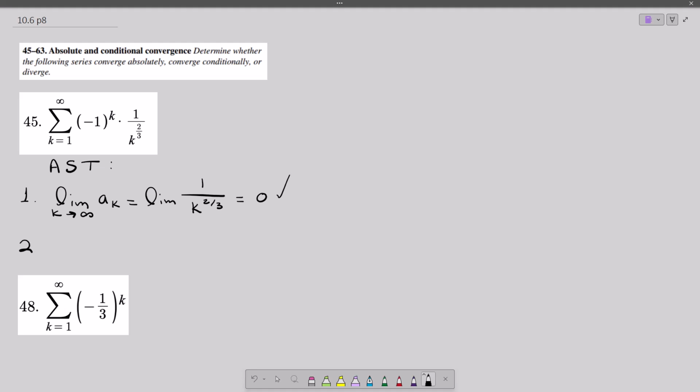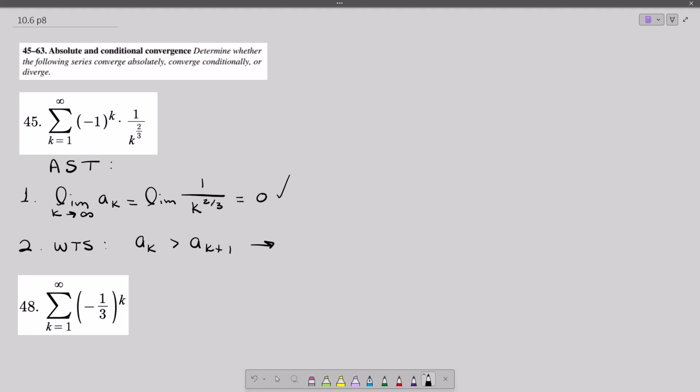Second part of the alternating series test, we want to show that the terms are getting smaller. So if we're at a sub k plus 1 is the next term, we want to show it's smaller than the prior term. So let's see if we can do that.